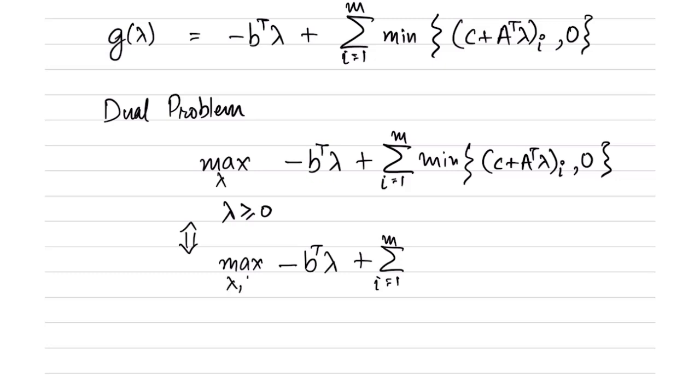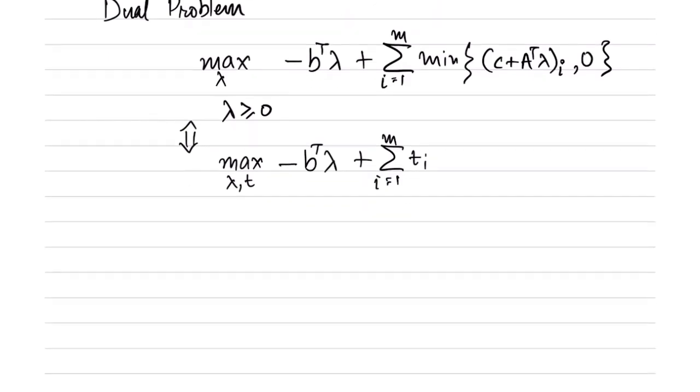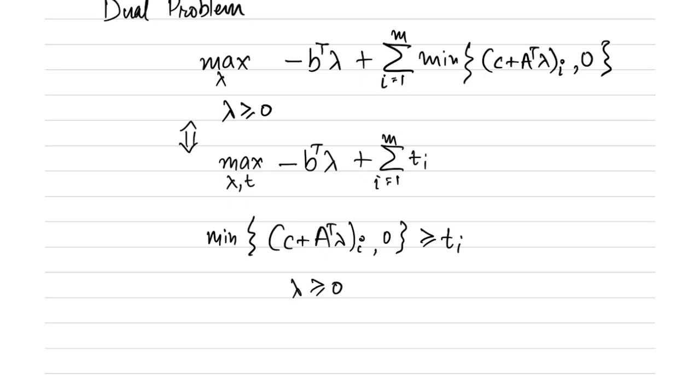Now we introduce another set of variables t. We maximize this subject to the constraint that the minimum of (c plus A transpose lambda)_i comma 0 is greater than or equal to t_i. This is the opposite of the epigraph trick. You can call it the hypograph trick. And lambda greater than or equal to 0.